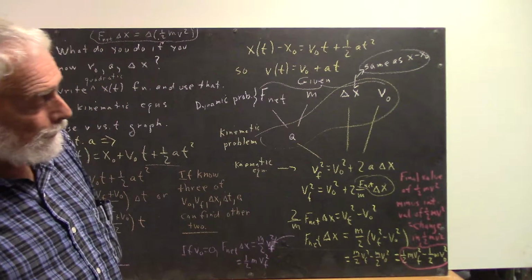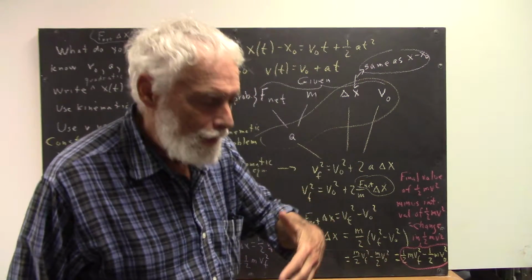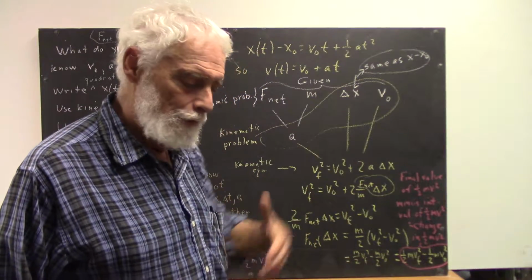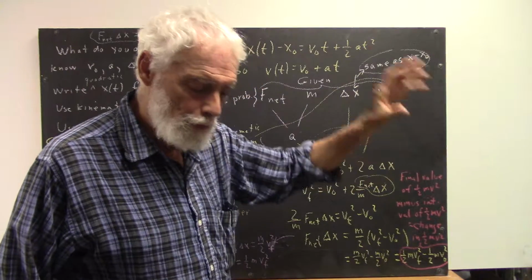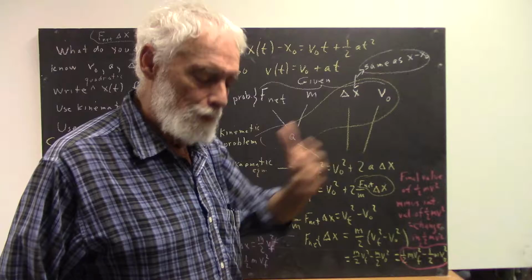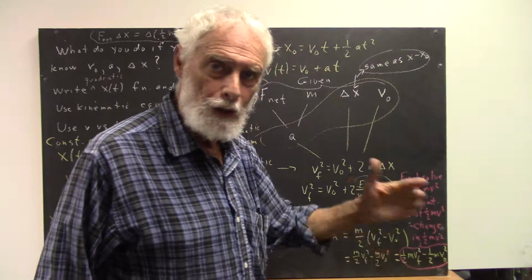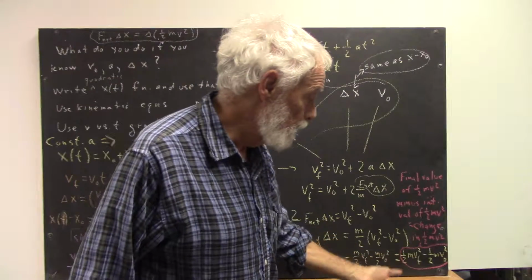Okay, now, what is this? Vf is the value at the end of this delta x interval where the force Fnet is applied to mass m from some initial velocity. 1/2 m vf squared will be our final value of 1/2 mv squared.